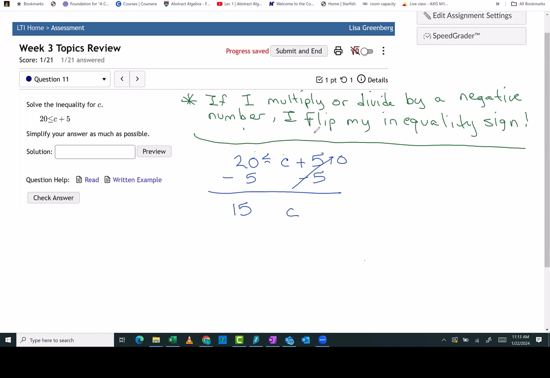Now I have to figure out which way my inequality sign is going. Did I multiply or divide by a negative number? I did not. I subtracted. So this stays the same. My answer is 15 is less than or equal to c, or c is greater than or equal to 15. These are exactly the same.